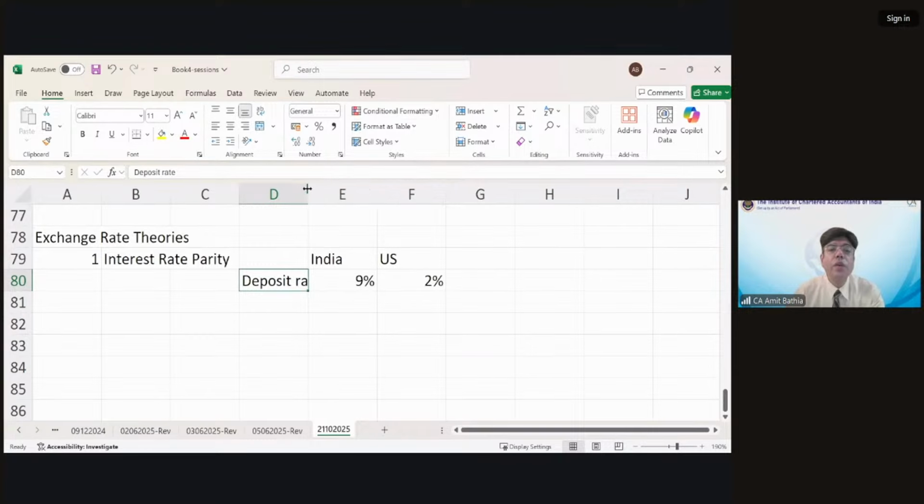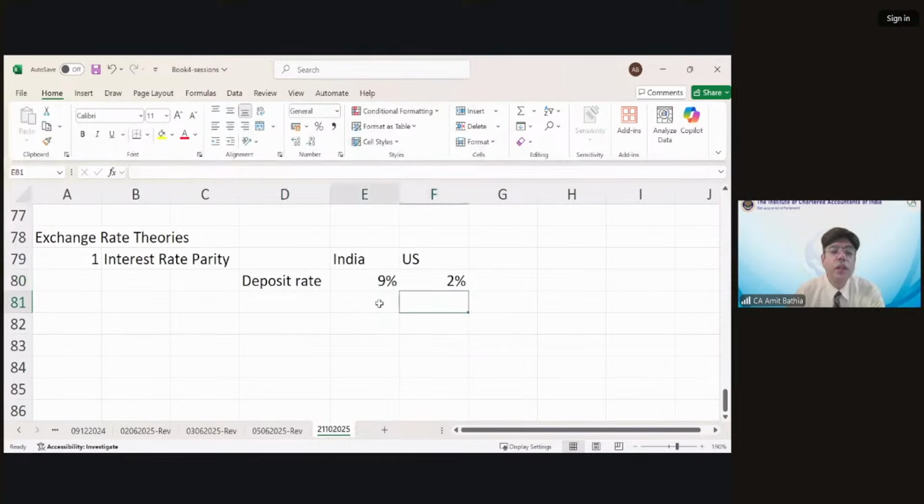So India is offering you 9%, US is offering you 2%. So why is somebody generally, in the absence of any information to the contrary, if the two countries are going to have parity, meaning they are at balance, right? So if one is offering more, the other also has to offer the same, but then US is paying 2% only, India is paying 9%.